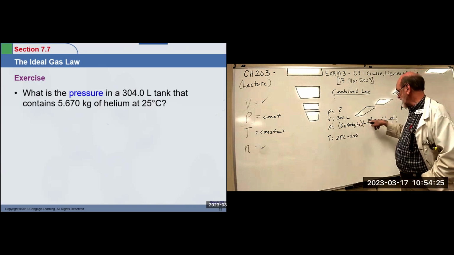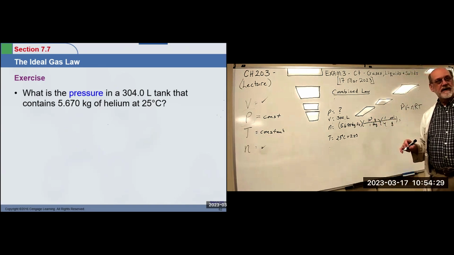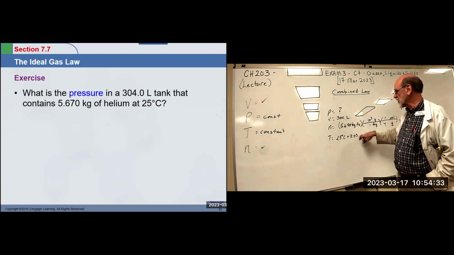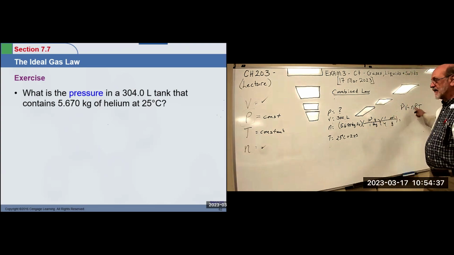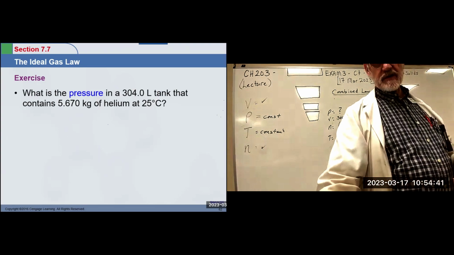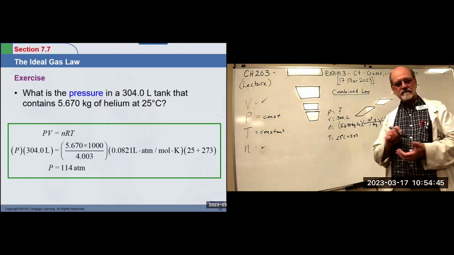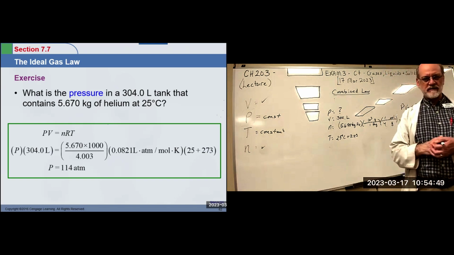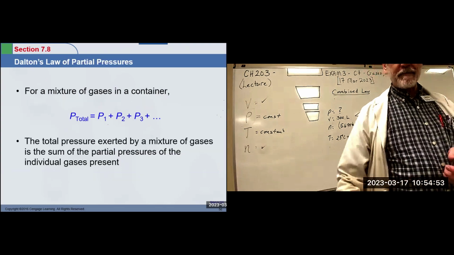So this number times 1,000 divided by 4 equals the number of moles. And once we've got the moles, volume, temperature, and the value of R, then we can plug it into that formula and find out what is the pressure. And that's what we've done there. At 114 atmospheres. Okay.